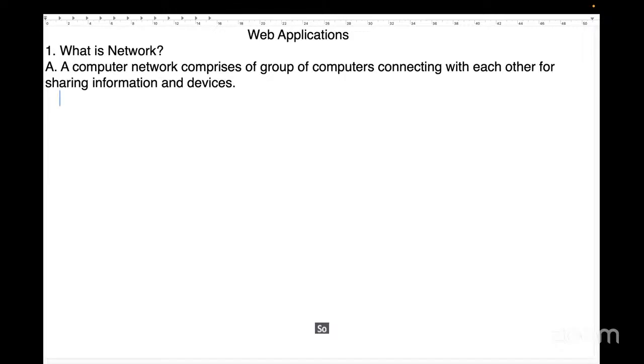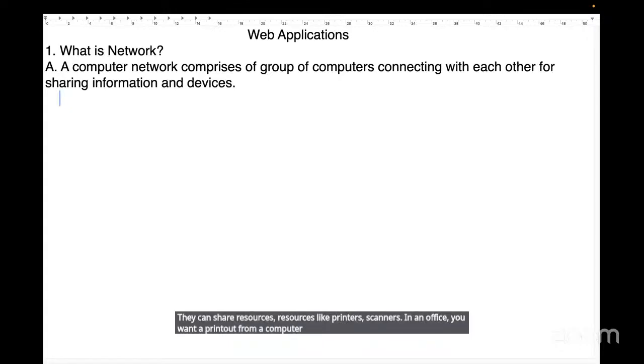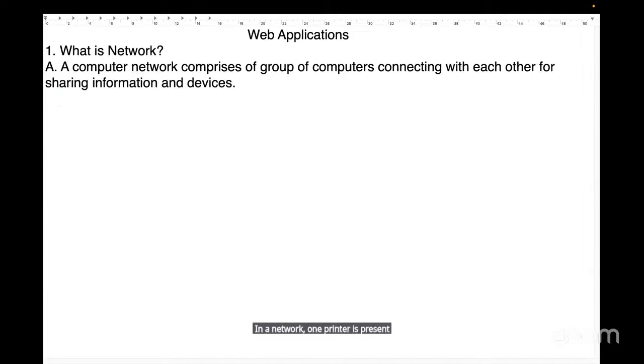So a group of computers are connected so that they can share information. They can share resources like printers, scanners. In an office, you want a printout from a computer. You don't need a printer on every computer. In a network, one printer is present. You can print from any location. So we can share information and resources.